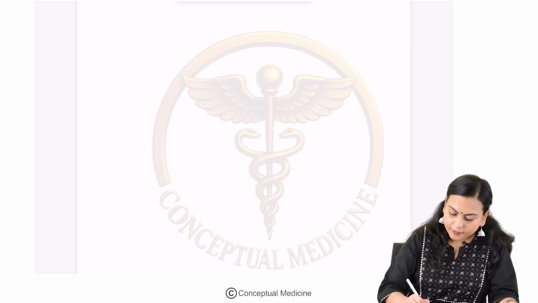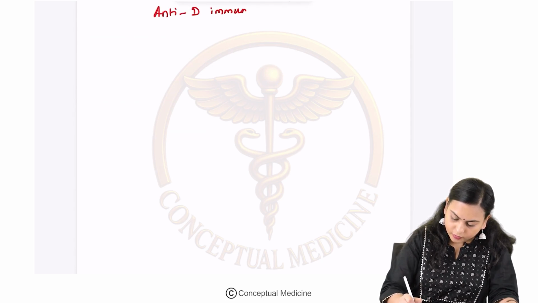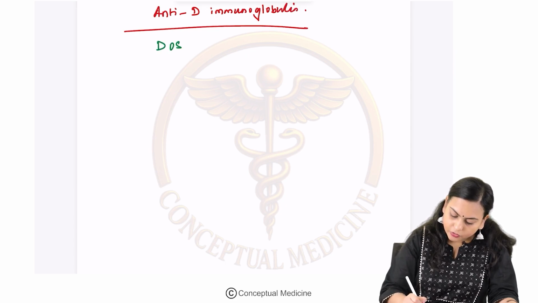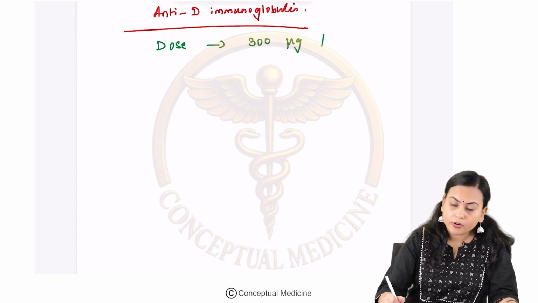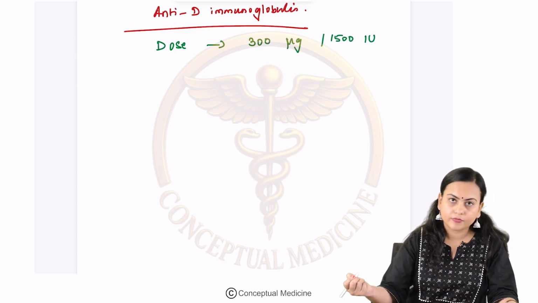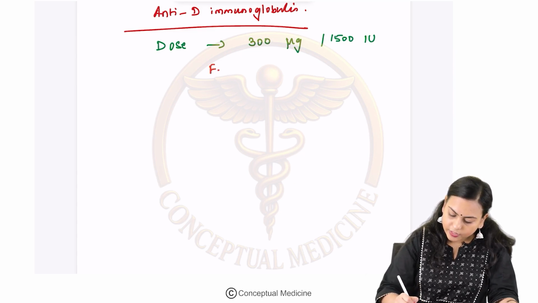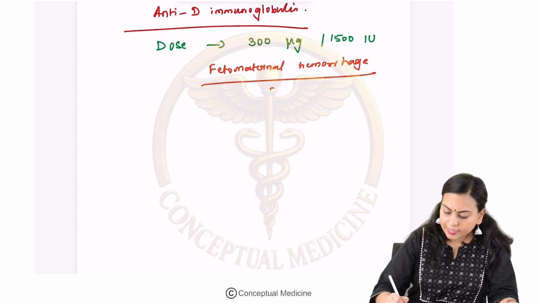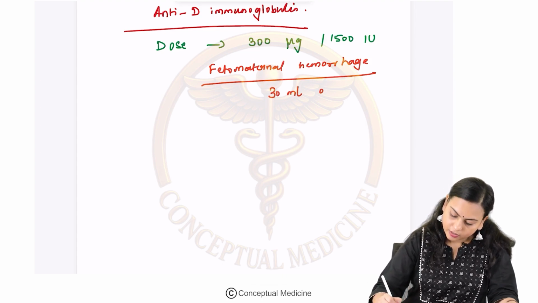Now we will see about anti-D immunoglobulin. Mostly we will be assuming that the dose of anti-D immunoglobulin is around 300 micrograms or 1500 international units, considering there is a feto-maternal hemorrhage of 30 ml or 15 ml of fetal RBCs.